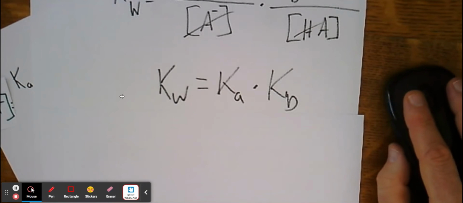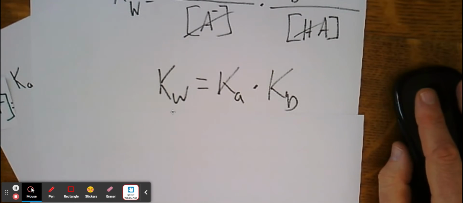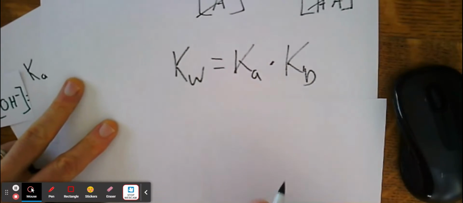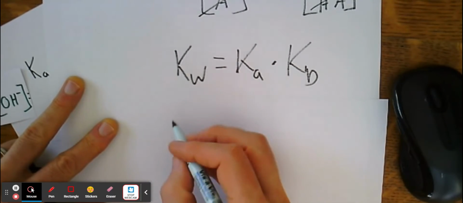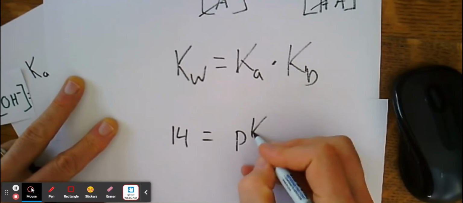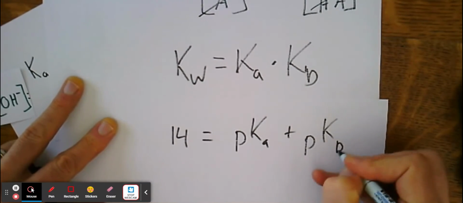So that's one of these combined equations that takes them and uses them together. And the second is if I take the log of them. And remember, Kw is 10 to the negative 14th. So that's 14 equals pKa plus pKb.